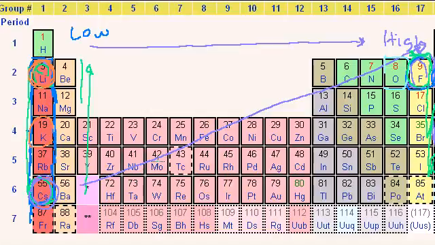But the same trend, which atoms are very likely to give away electrons? Well, the bottom left, right? As you go down, the atom gets bigger, so the electrons are further away from the nucleus. So the nuclear force, or the Coulomb force, is weaker, so those electrons are more weakly bound.